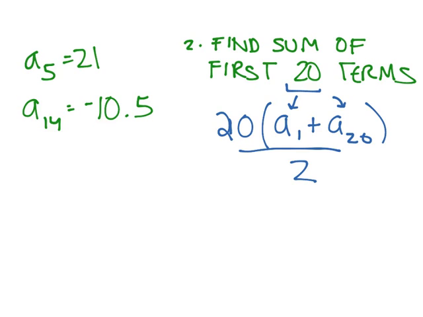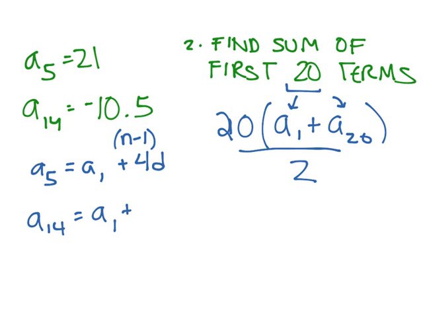Now, A5 is equal to A1 plus 4 times D. Remember, n minus 1, where n is 5. So A14 would be equal to A1 plus 13D.